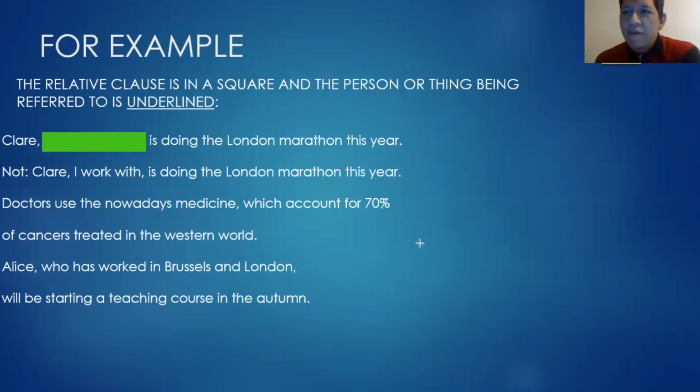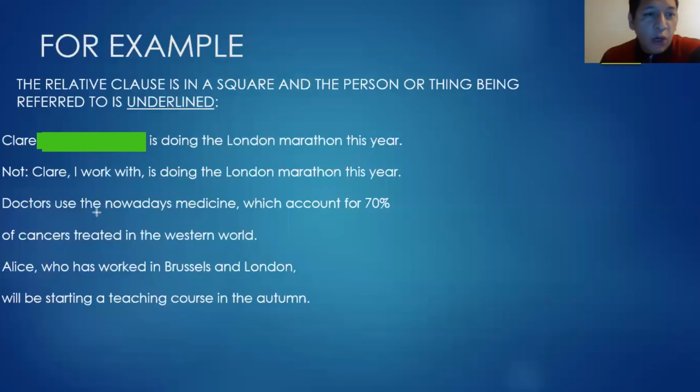But what happens if I only leave it like this? Claire is doing the London Marathon this year. Does this sentence make sense? Yes, it does. No problem. Claire is doing the London Marathon this year. There is no need for the extra information. And that is why non-defining relative clauses are different from defining relative clauses.